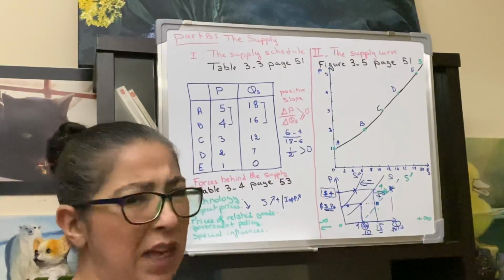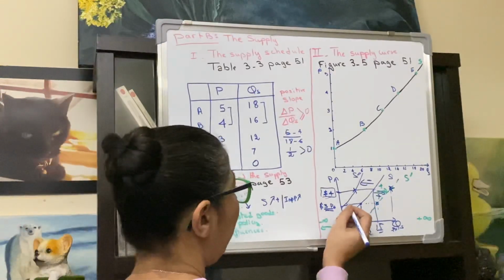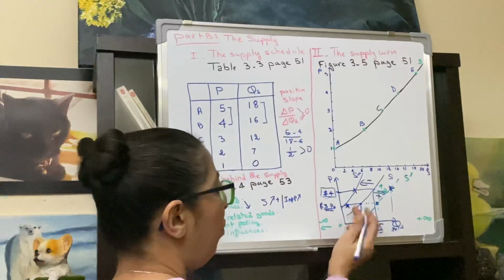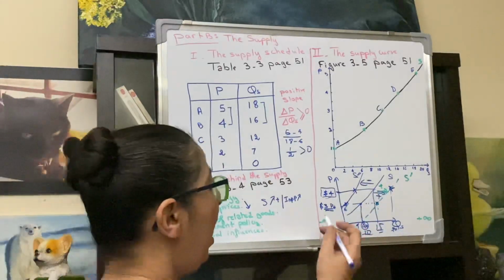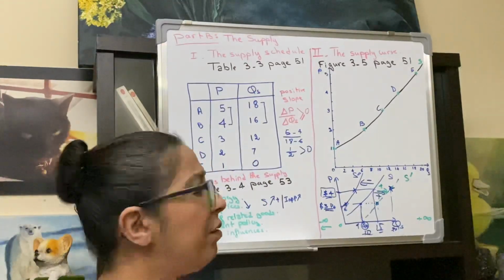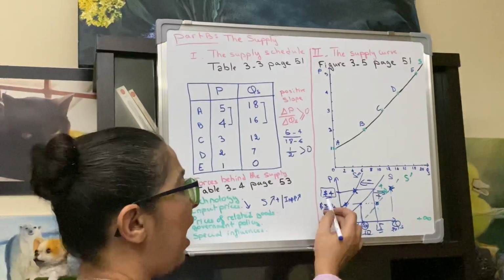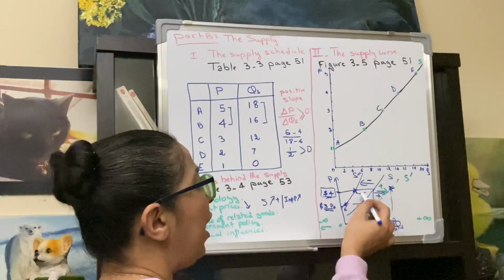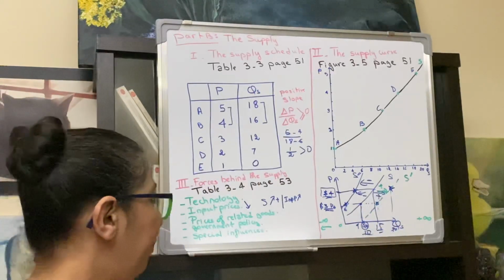So I'm not going to supply that good. Better supply something else that makes more money. So the supply would decrease. At $4, I'm not making as much profit. So the quantity supplied would decrease at this price. So the whole supply would shift to the left. It would decrease. Okay?